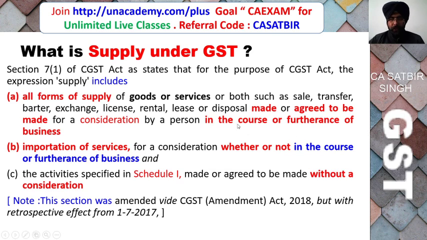The definition of business is very wide under GST, and if you refer to this definition, there are many entities that are covered. Even if the government supplies services or a charitable institution supplies services, it is said to be doing business.